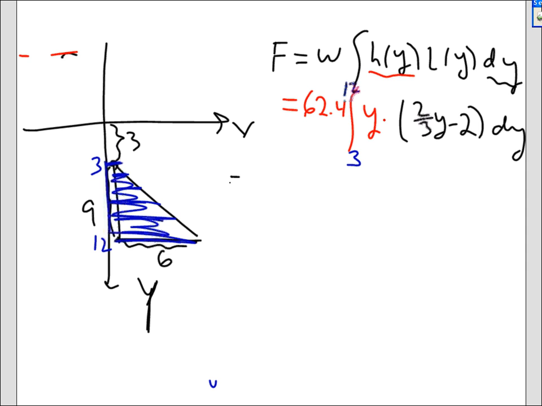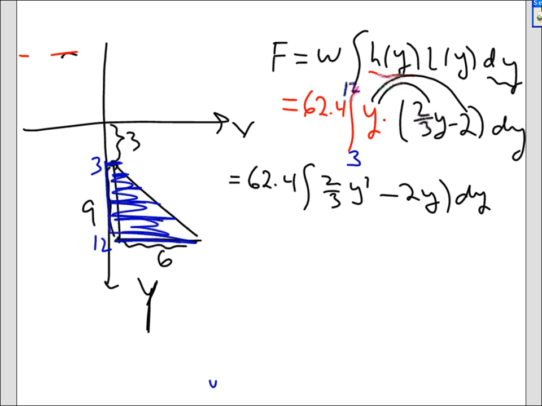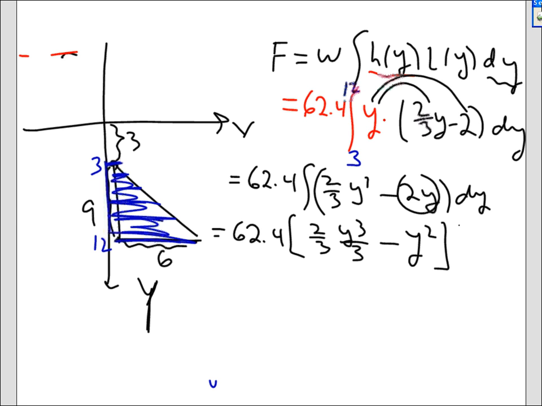Okay, so you get 62.4. You distribute 2/3 y squared minus 2y dy. 62.4. This will be 2/3 times y cubed over 3, or 2y cubed over 9, minus the integral of that is simply y squared.